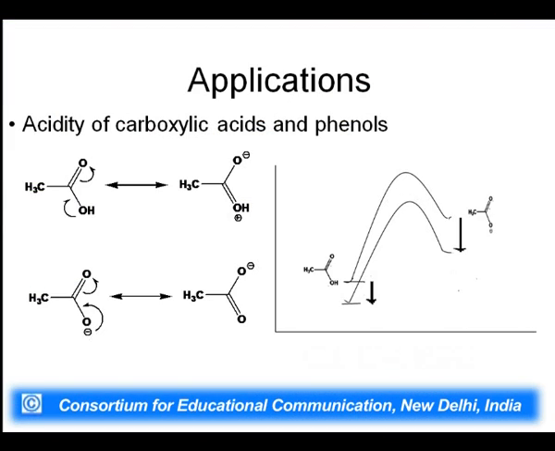When I convert it to this form, I am converting the resonating structures also. So these two are identical structures, and identical structures give more stability to the molecule, and hence the stabilization is towards a greater extent.